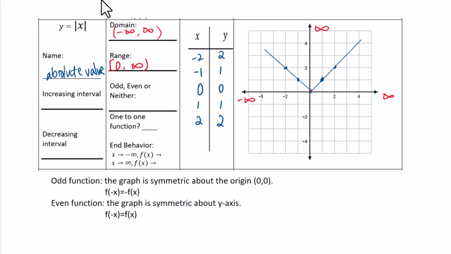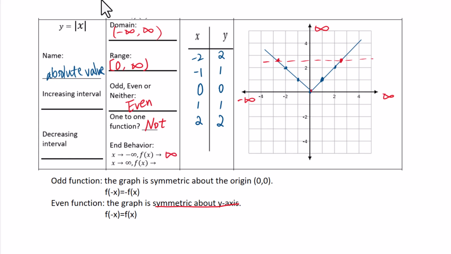Since the graph is symmetric about the y-axis, this is an even function. When we draw this horizontal line, we got two intersections. So it's not a one-to-one function. When x approaches negative infinity, f of x approaches positive infinity.